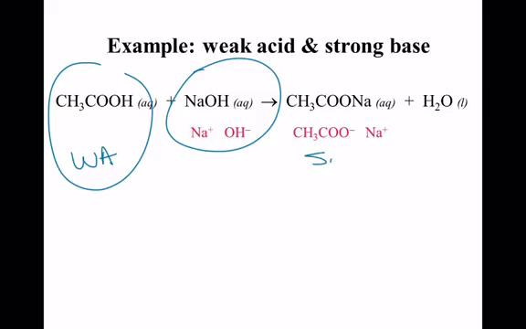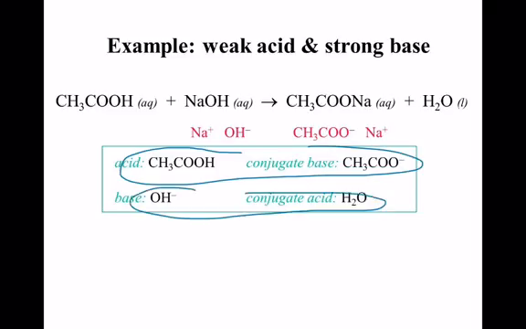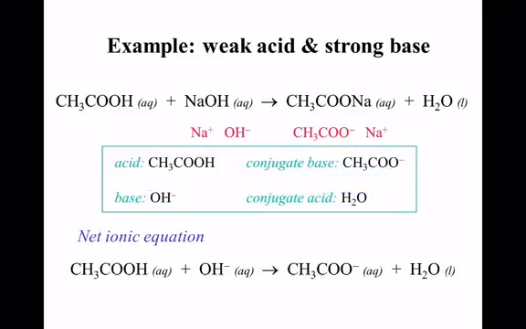This is your salt over here. Conjugate acid-base pairs, they differ by a proton. I buy that. Your acetic acid, your acetate ion, your hydroxide ion, and water. Net ionic equation, the same thing as the regular equation without the sodium ion.